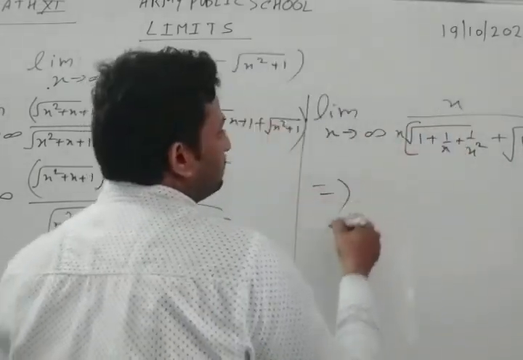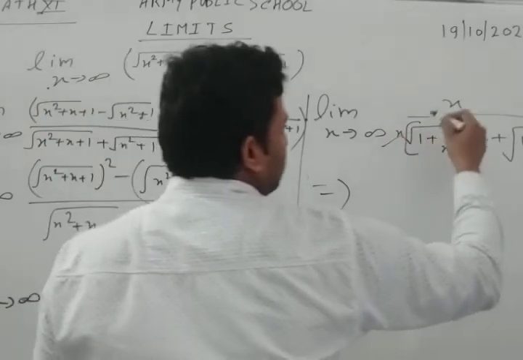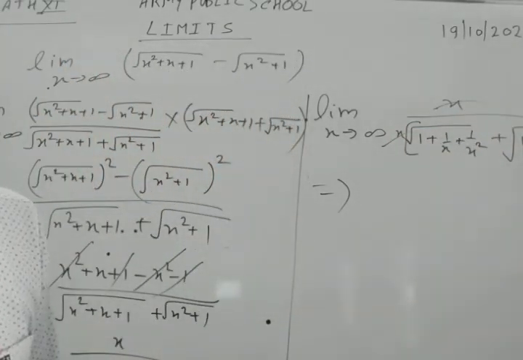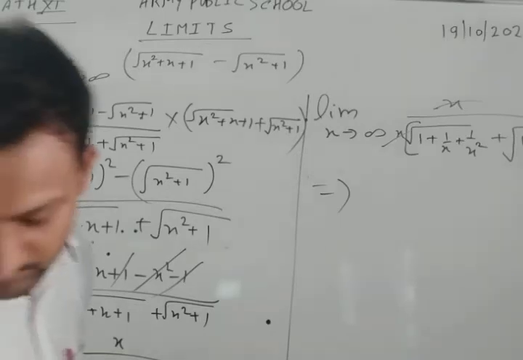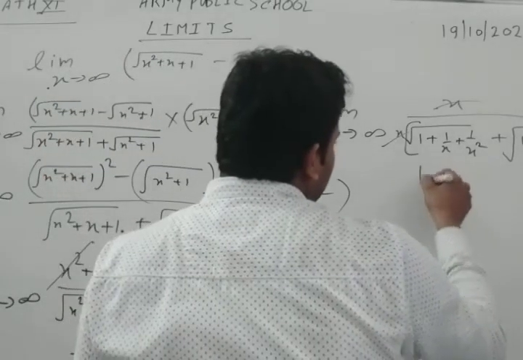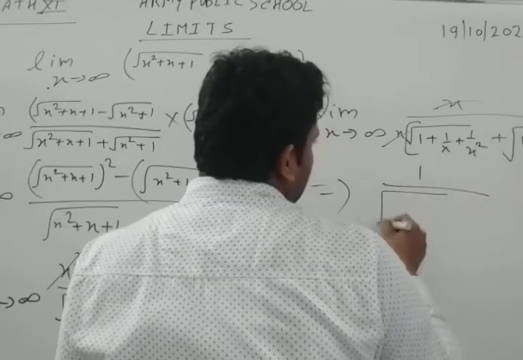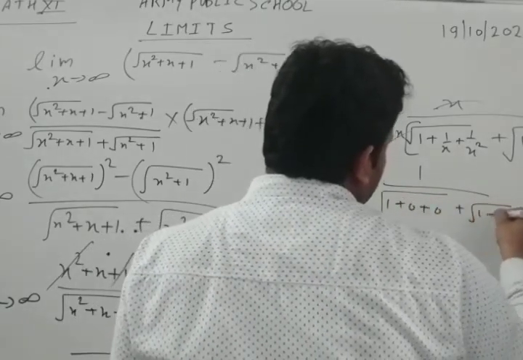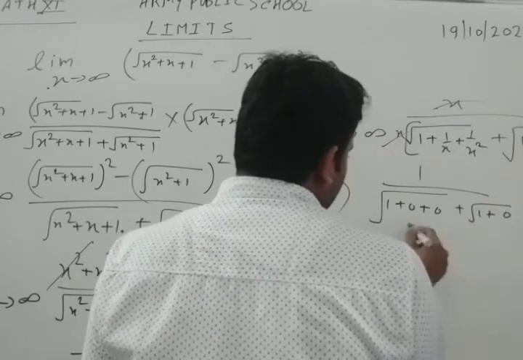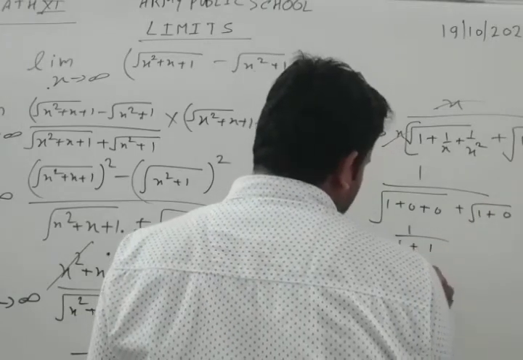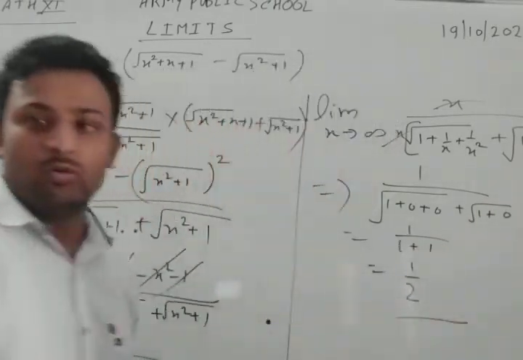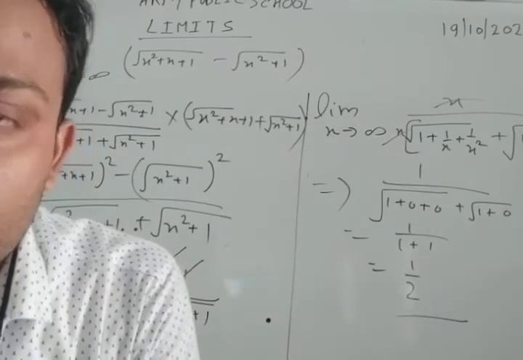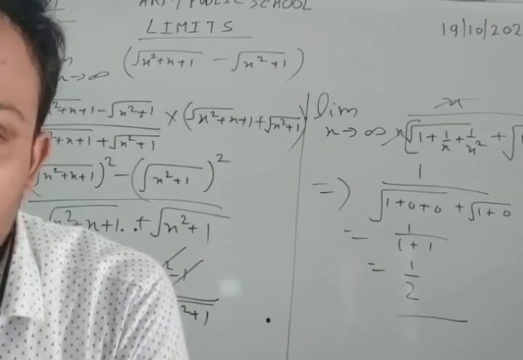Okay, now put the limit. This will be cancelled. So put the limit. What we get? Here is 1 and here 1, 0 plus 1, and this is 0. So 1 plus 1. So we are getting 1 by 2. Okay, so it will be our answer.